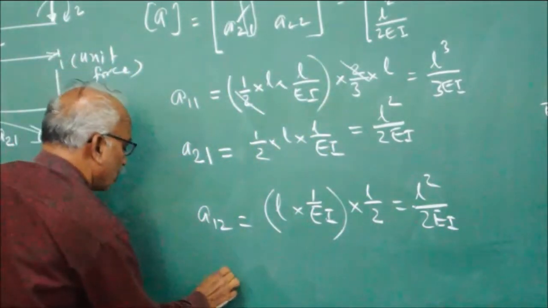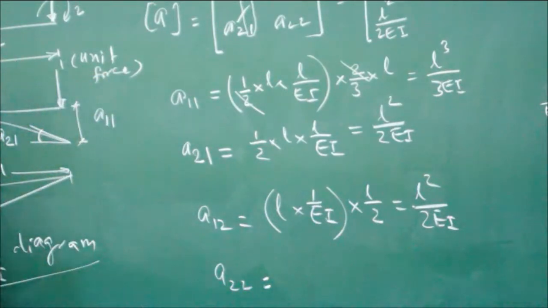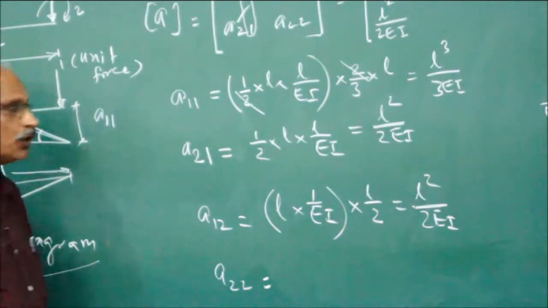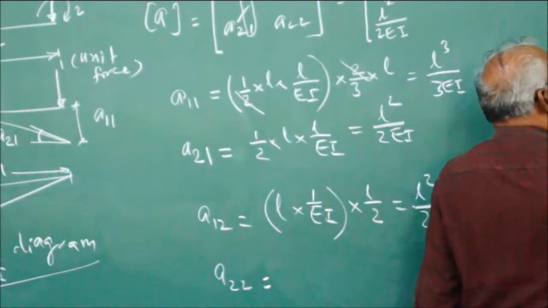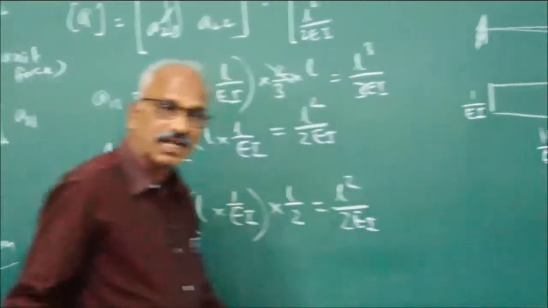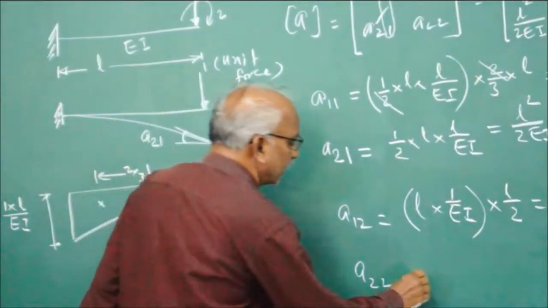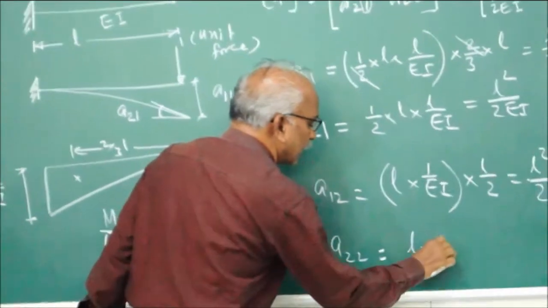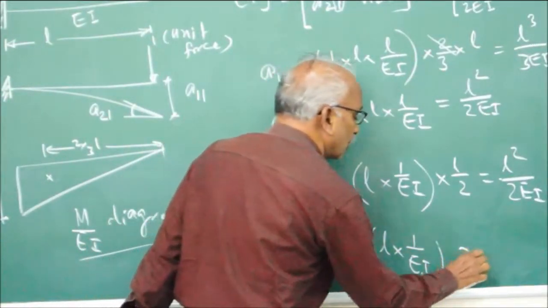Then A22 is the slope or rotation. That is given by the area of the M by EA diagram. Area of the M by EA diagram is given by length L, area is 1 by EA, so that is equal to L by EA.